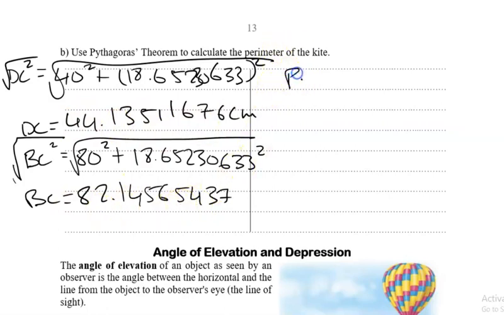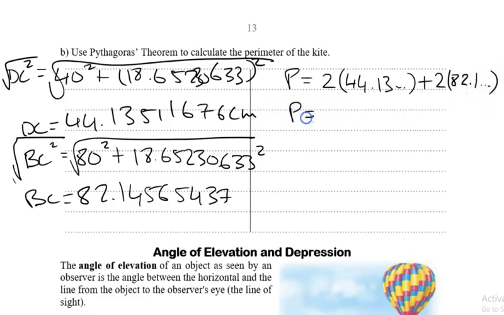Now we know there's two sides with this length and two sides with this length. So the perimeter is going to equal 2 times 44.13 and so on, plus 2 times 82.1 and so on.